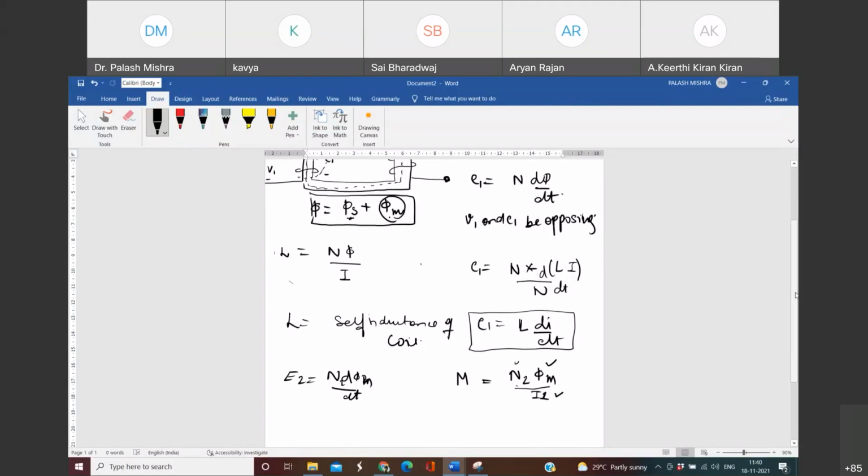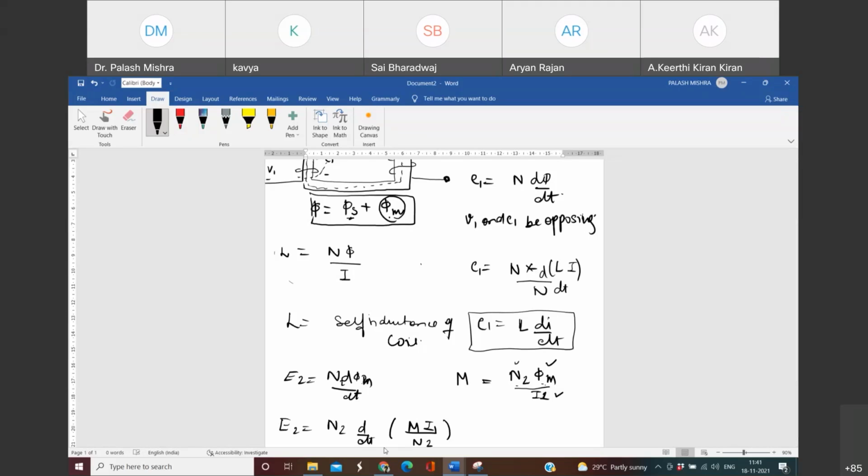And what is the induced EMF in the secondary because of the flow of this mutual flux? If you put this phi m here, you will get E2 equals N2 times d by dt of M times I1 by N2.